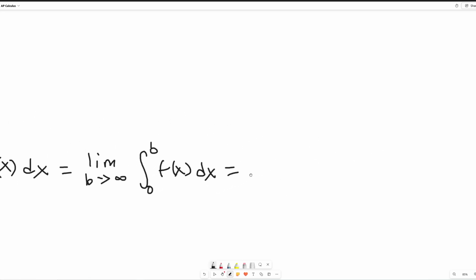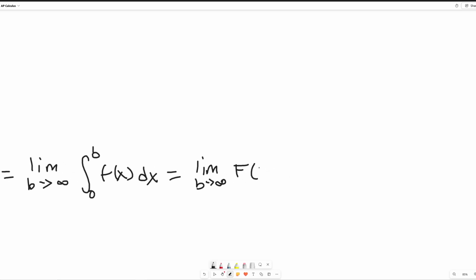Which means that even when you solve it, when you do the second fundamental theorem of calculus, you have to write limit as b approaches infinity, f of b minus f of 0. You have to write this too. You always keep the limit as b approaches infinity.